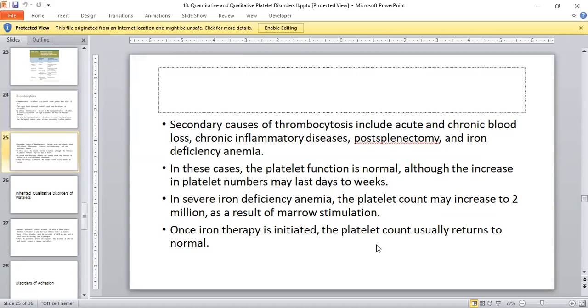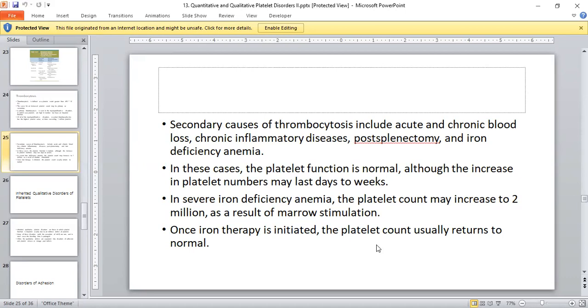Secondary causes, on the other hand, can include acute and chronic blood loss, chronic inflammatory diseases, post-splenectomy, and iron deficiency anemia. For these, the platelet function is normal, but there is an increase in the platelet number.